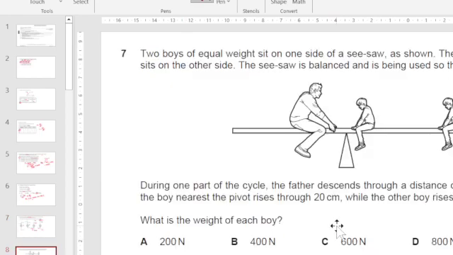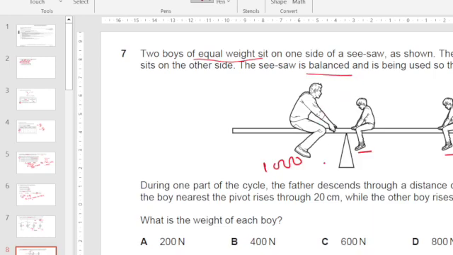And the next question: two boys of equal weight. So it's clearly given these two boys have equal weights. Sit on one side of a seesaw. Their father of weight 1000 Newton sits on the other side. The seesaw is balanced. Keyword.